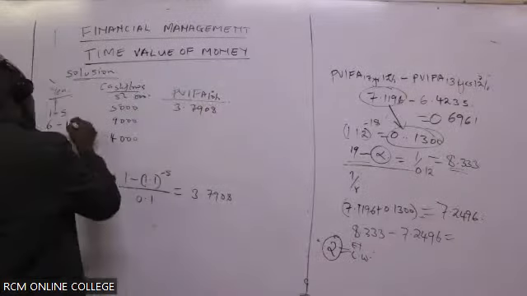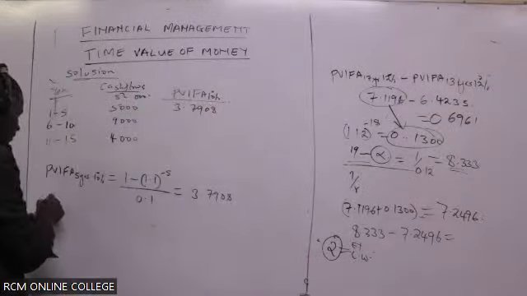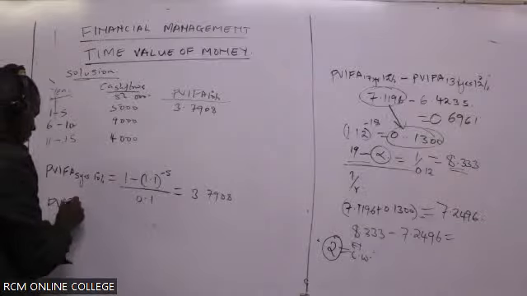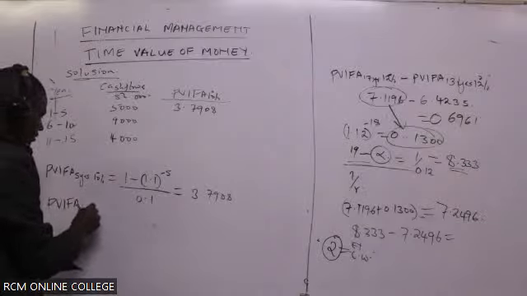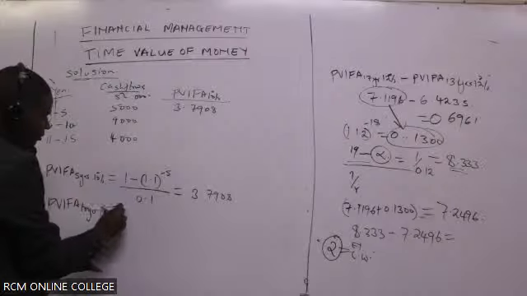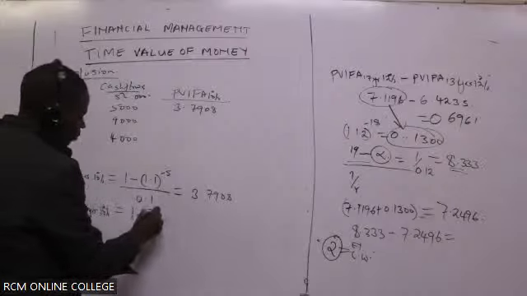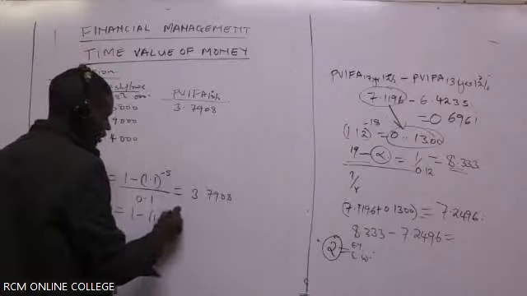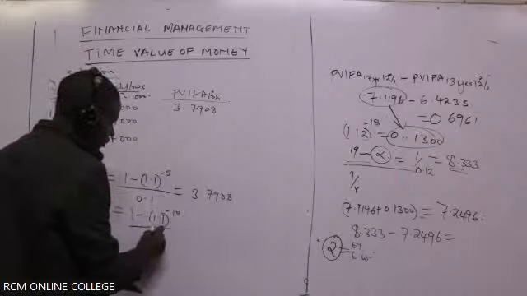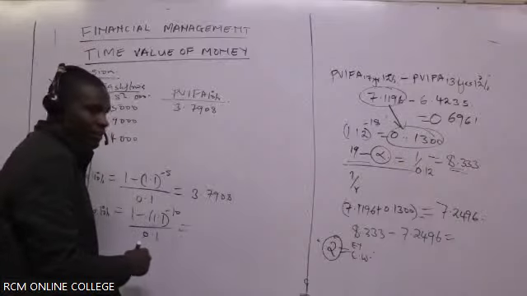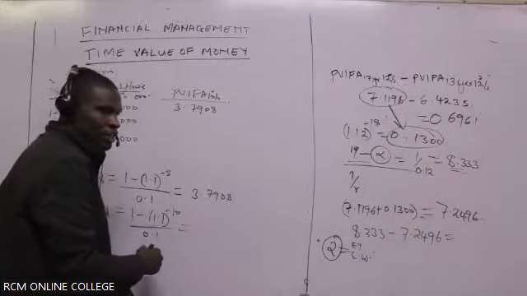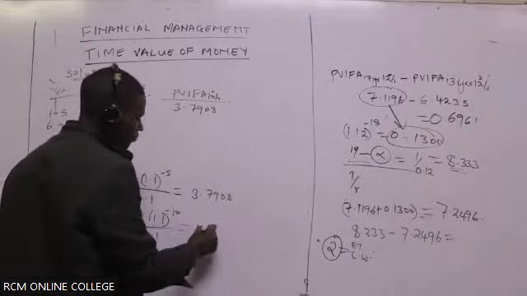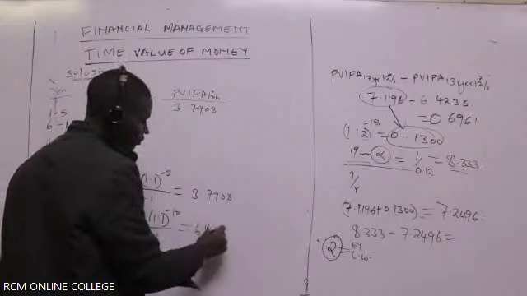Then we look at PV for 10 years at 10%. That will be 1 minus 1.1 to the power negative 10 divided by 0.1. You get 6.1446.